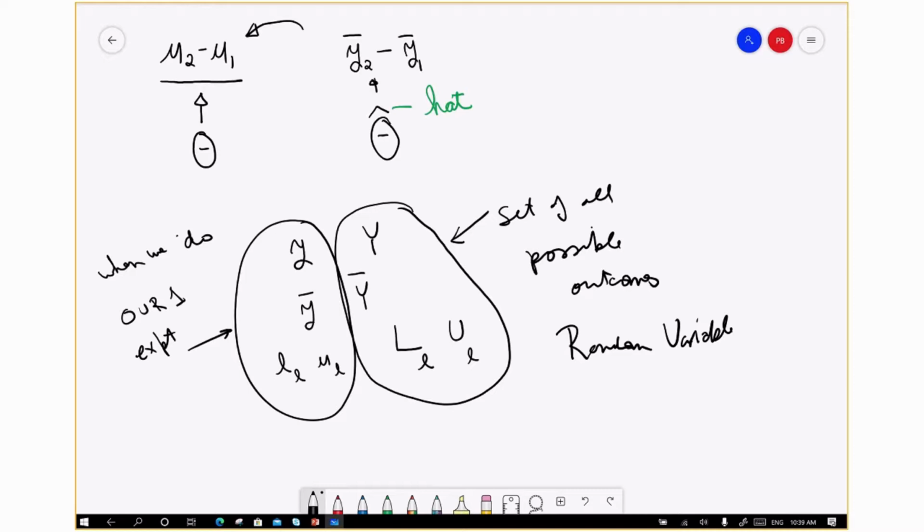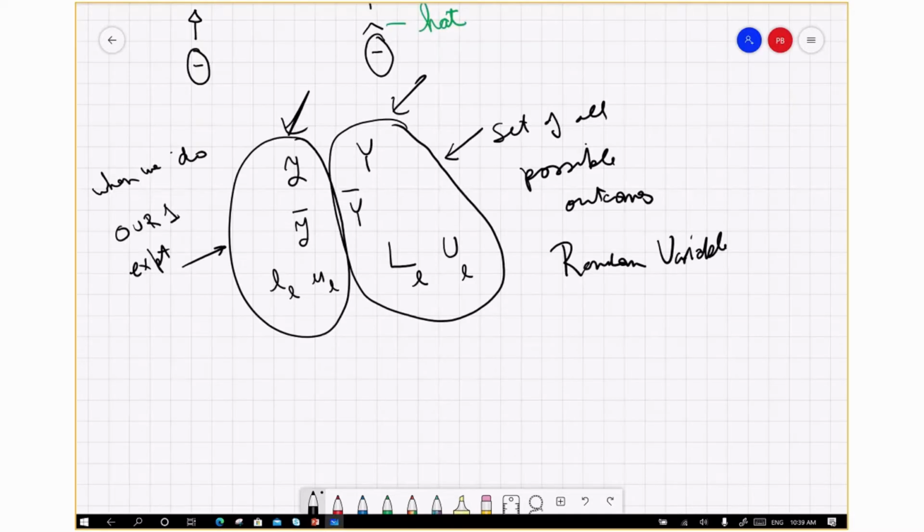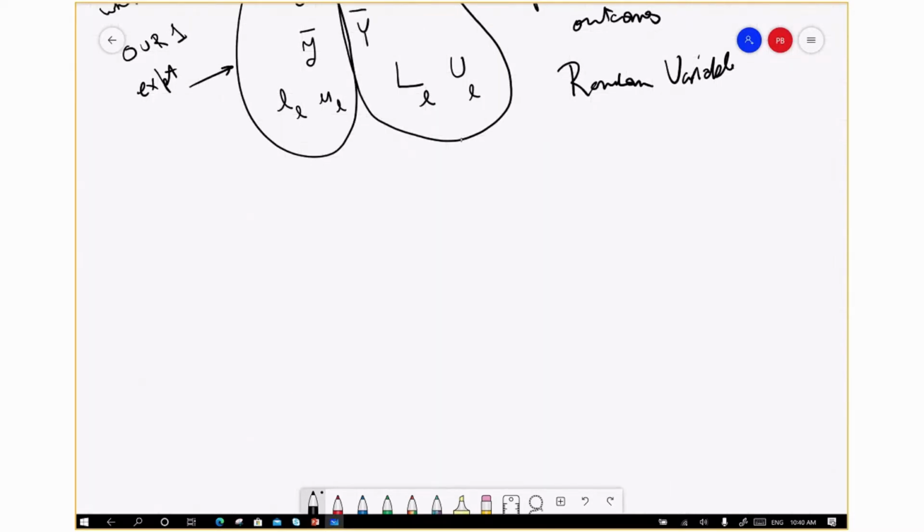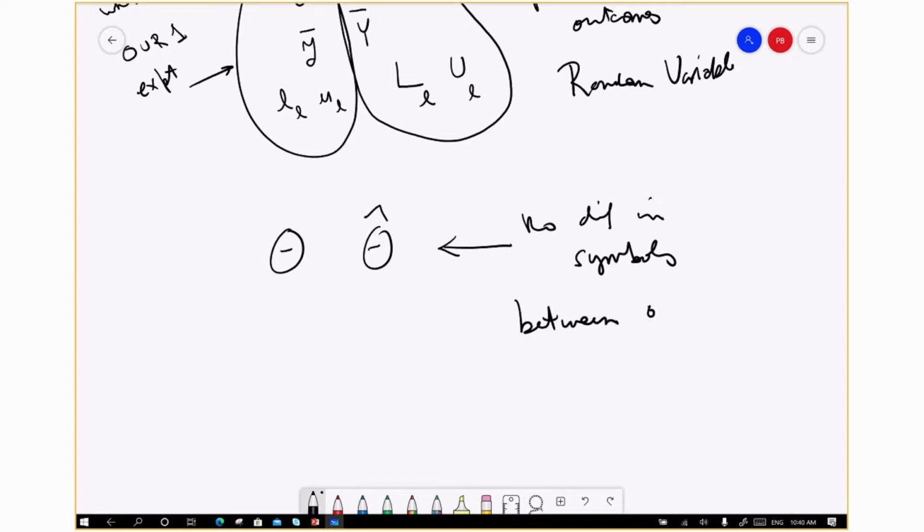And the idea is we have different symbols for each. The point that I want to make is that in this section, for theta and theta hat, we're not going to make a distinction in terms of notation. So there's no difference in symbols between our one observation and the set of all possible observations, the random variable. But hopefully you'll be able to figure that out from the context.